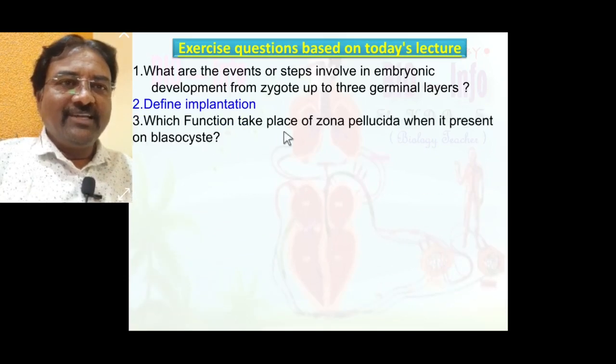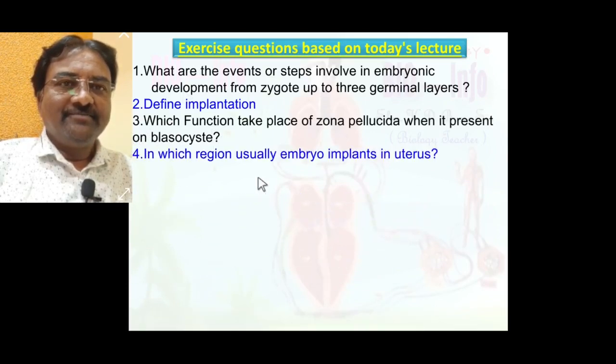What function does the zona pellucida perform when it is present on the blastocyst? It prevents implantation at an abnormal site of the uterus. In which region does the embryo usually implant in the uterus?